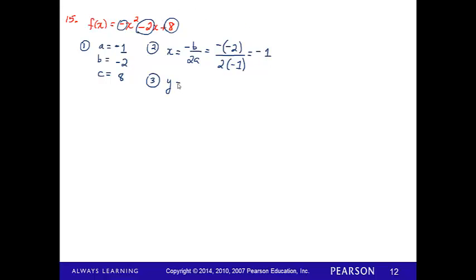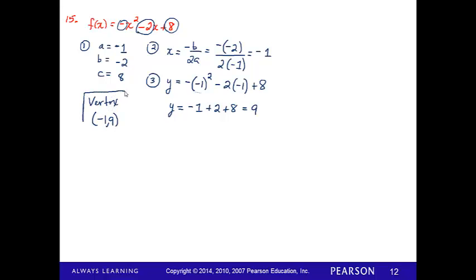So y is going to be equal to (-1)², and again, be careful with negatives, minus 2 times -1 plus 8. So y is -1 plus 2 plus 8, which is 9. So we have a vertex at (-1, 9).